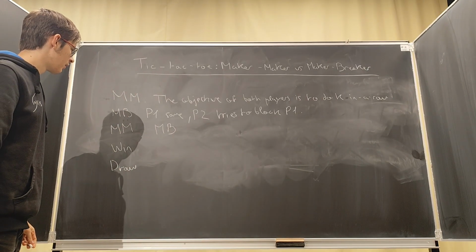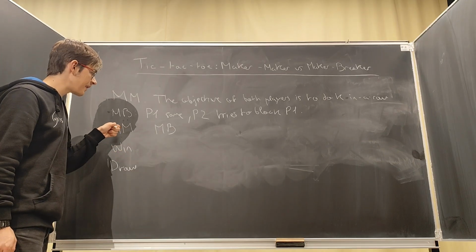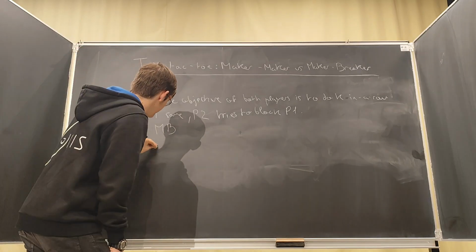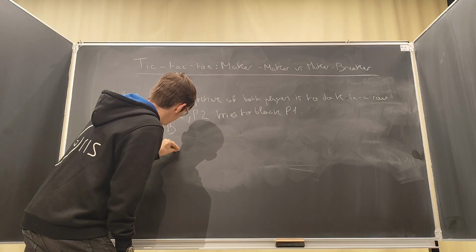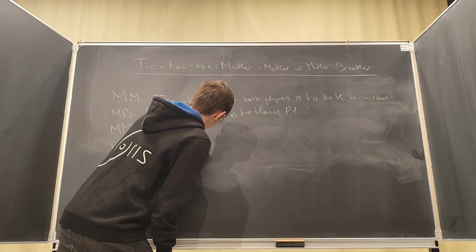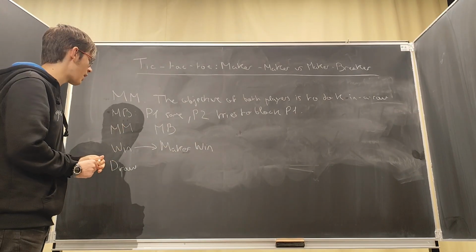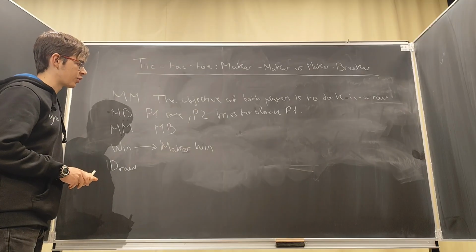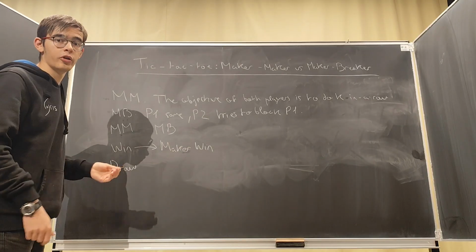Well, in the case where maker-maker is a win, since Maker is better off in the maker-breaker version, it's very easy to show that the maker-breaker version is a Maker win. Because you basically just need to use the same strategy as in the maker-maker variation. It's really the same thing. You just need to worry about something less.